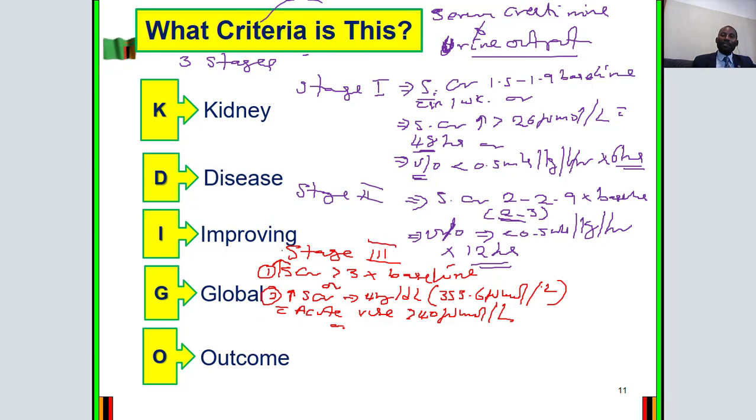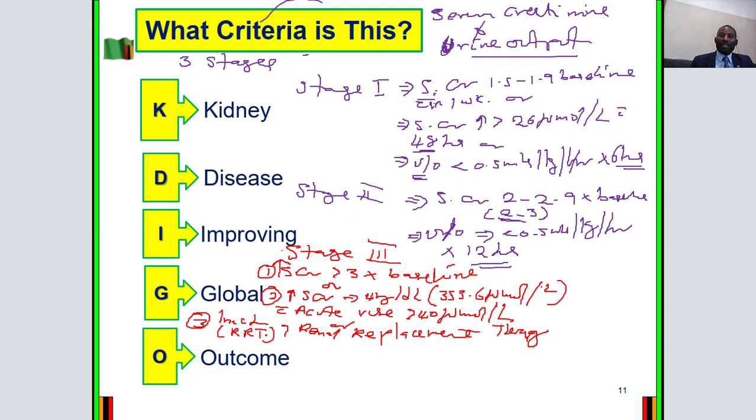Or the patient requires initiation of renal replacement therapy, which is also abbreviated as RRT.